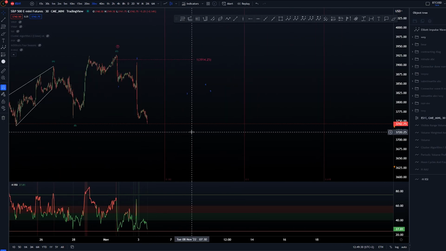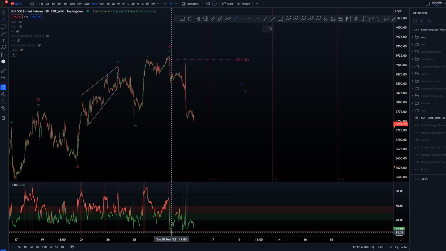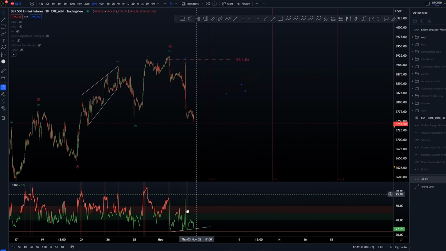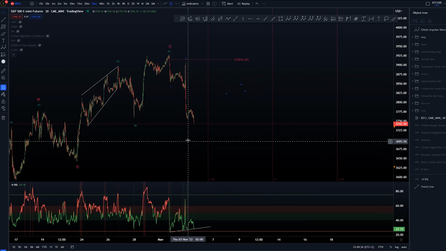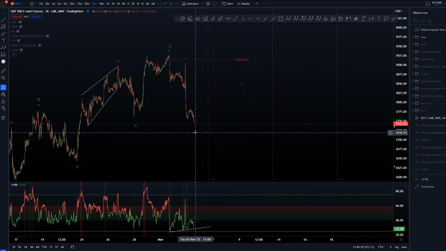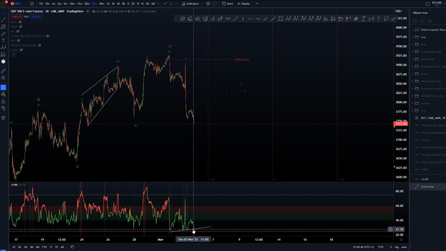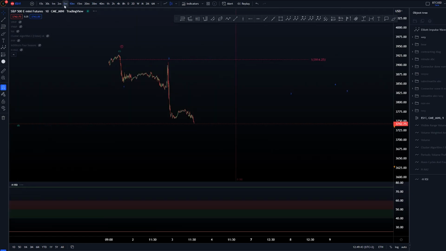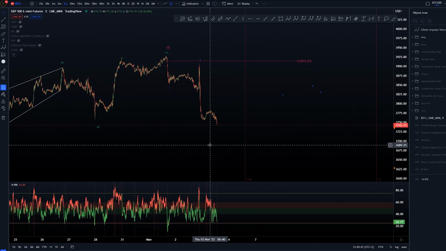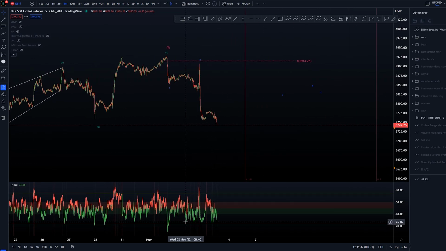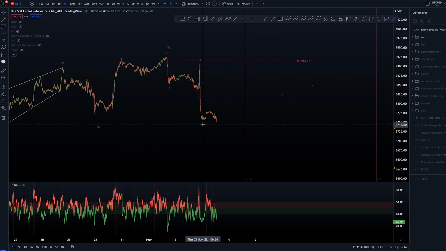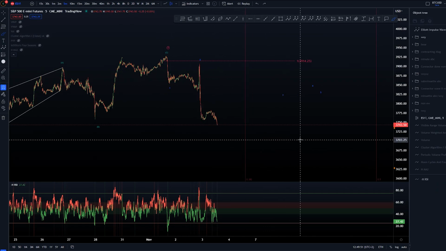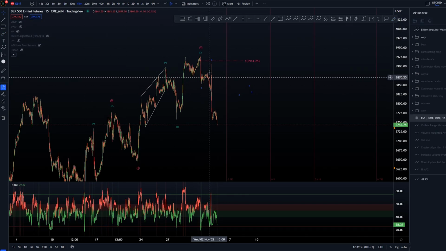If we are looking at RSI again, we are creating some higher highs here. It is possible that we are just closing this through here to the downside and going through this trend line that we have on RSI at the moment. On smaller time frames, we are still very much on the downside. We don't really make new lows, so that is somewhat telling that momentum is still going to the downside.